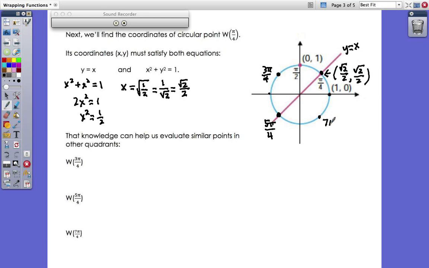So I get all those for free after I derive a wrap of pi over 4. I just change the signs. So the little bug basically walks to a different point. Instead of saying root 2 over 2, root 2 over 2, he'll say negative root 2 over 2, positive root 2 over 2 for a wrap of 3 pi over 4. It's negative x because it's in quadrant 2.